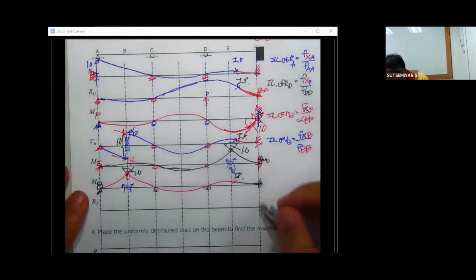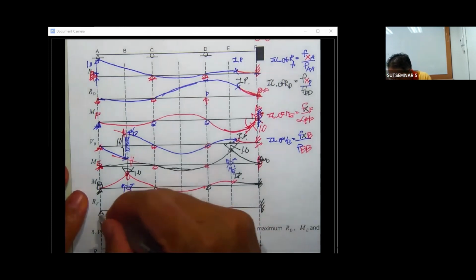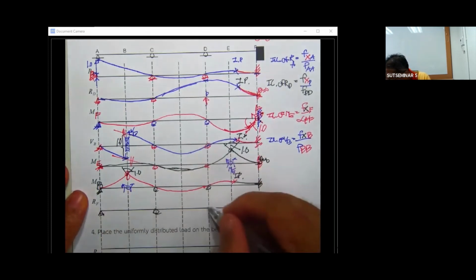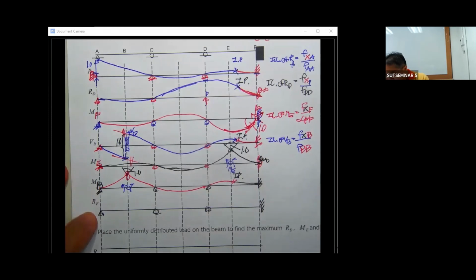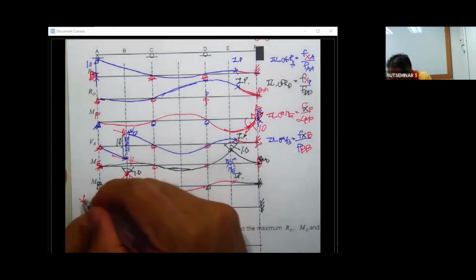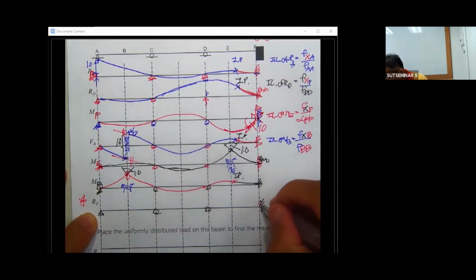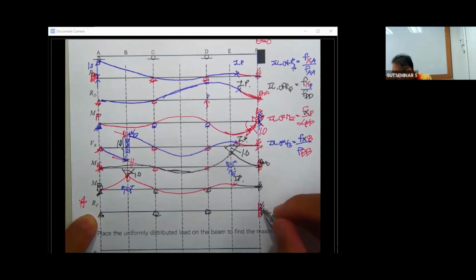Okay, last one, R sub F. This is going to be the support. This is pin, roller. When we put the reaction upward as positive, release the resistance to R sub F. That means you have to put the roller guide, and then you have to put the force of R sub F to move this one, for what?